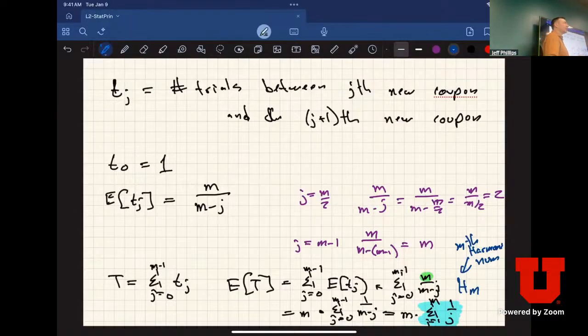Okay, so this is the analysis. This is how you get the expected number of trials. I did this in class because it's a cute analysis to see when you expect to see everything.